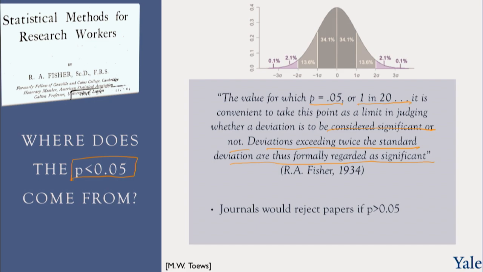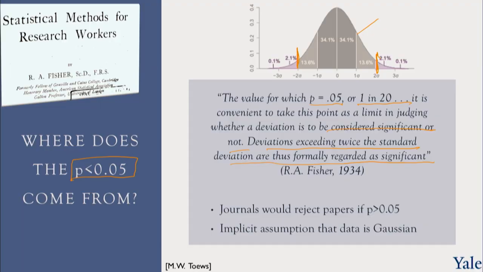And many journals would reject and still reject papers if your p-value, the probability of seeing this data given that the null hypothesis is true, is greater than 0.05. And the implicit assumption here is, of course, that the data is Gaussian. So if you look at this plot, this is a Gaussian distribution. This here is 2 sigma away from the mean, and what is colored here in purple is the probability that you're further away than 2 standard deviations from the mean in either direction.